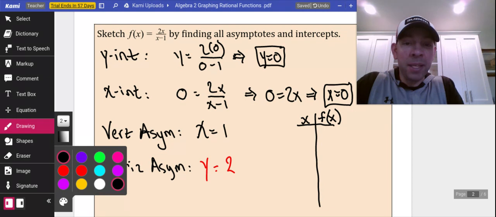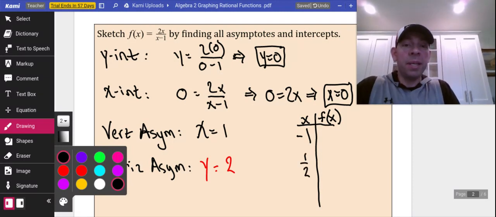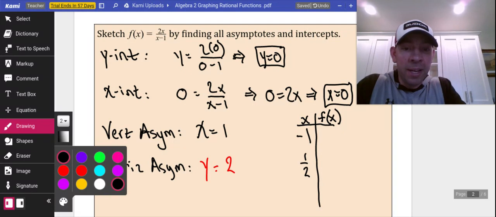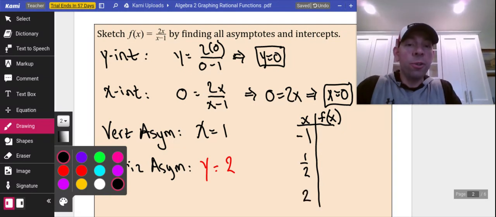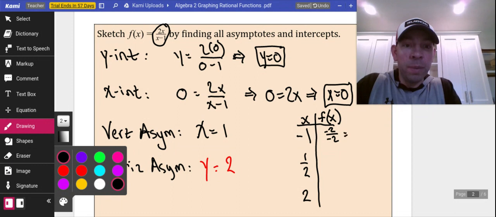So I'm going to pick something to the left of my x-intercept, something in between the x-intercept and the vertical asymptote, and then something to the right of that vertical asymptote. So those are the three x values that I'm going to plug in. When I substitute a -1 for x, I get -2 divided by -2, which makes 1.